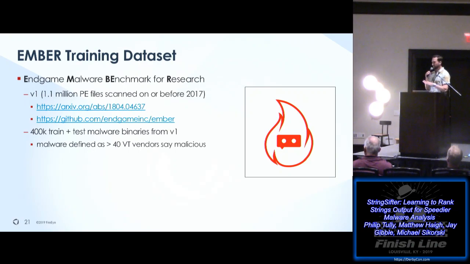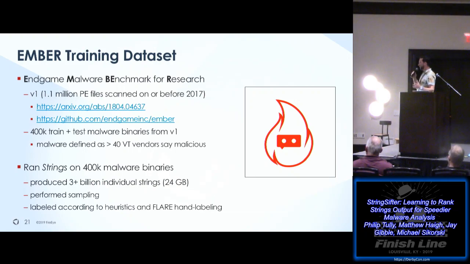So this is a safe set of malware for us. So we take all of those 400,000 malware samples and we run strings over all of them. And we produce something like over 3 billion individual strings from those files. But we don't necessarily need to train on all of that data, so we perform some sampling and we whittle it down to something like 500 million strings. And this is our training data set.